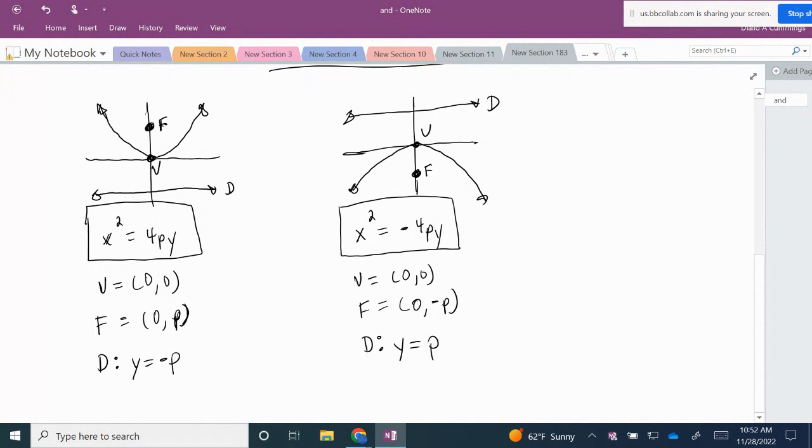Now we determine which model form we use based upon the variable that's squared. So on a parabola, only one variable is squared, right? So we look at the variable that's squared, and then we look at the sign of our other variable, okay? So let's take a look at an example.